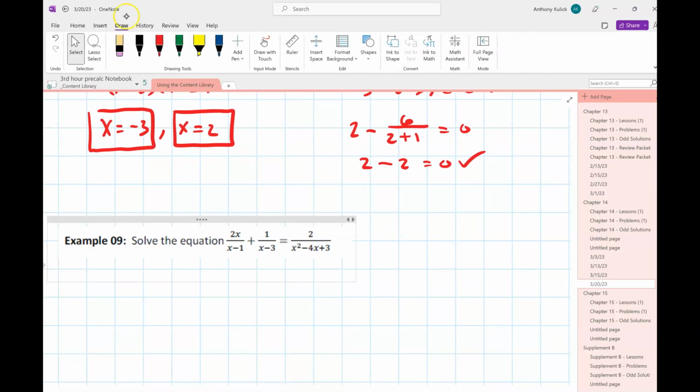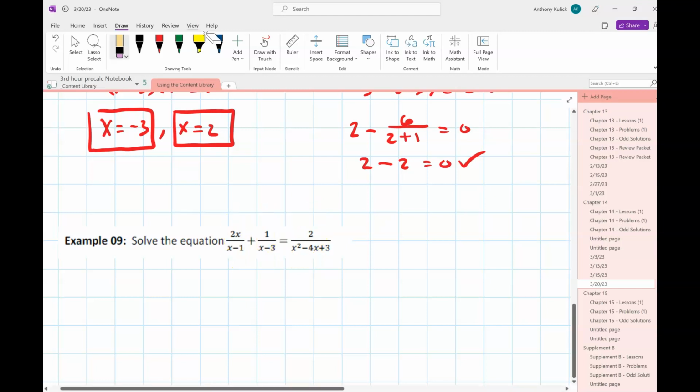Let's try this one. So we see that here we have 3 different rationals, right? That makes life a little bit harder, but that's okay.